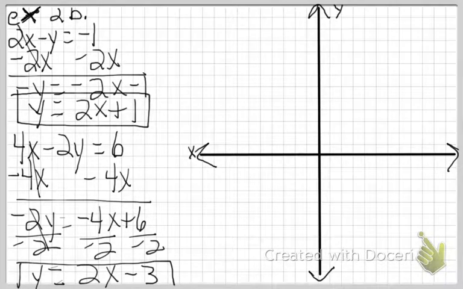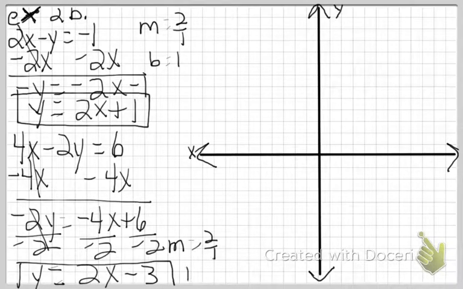Now, in the very first equation, you will see that the slope is 2 over 1 and your y-intercept is 1. The second equation, your slope is 2 over 1 and your y-intercept is negative 3. I already know that they have the same slope, so they're going to be parallel. But let me go ahead and graph the 2 points.